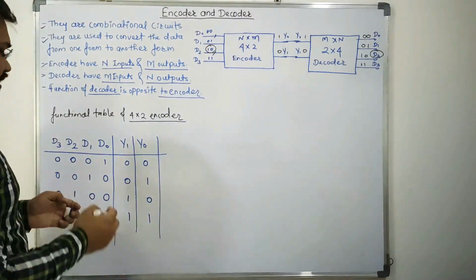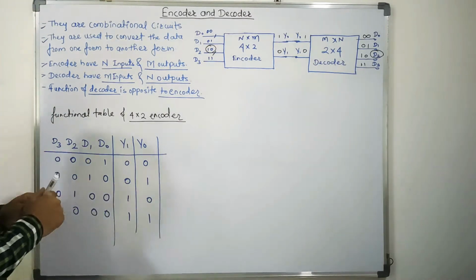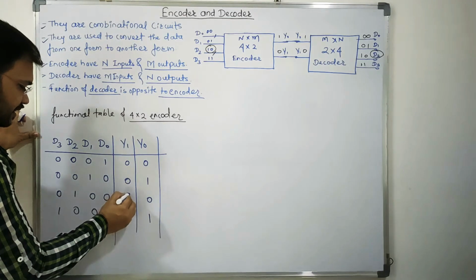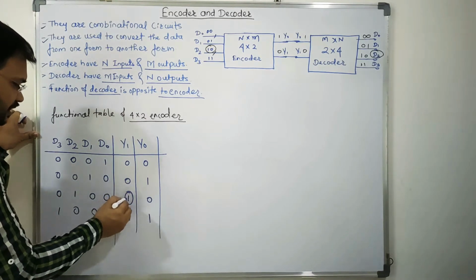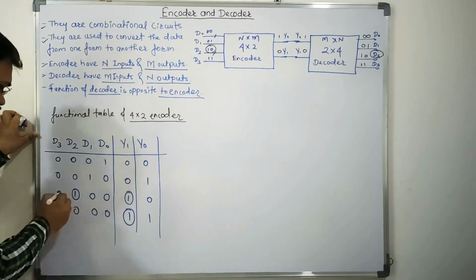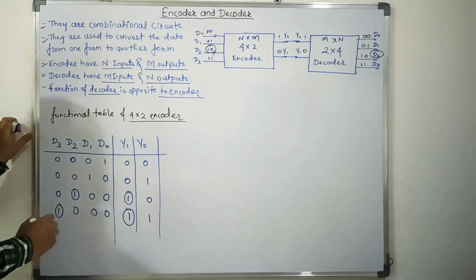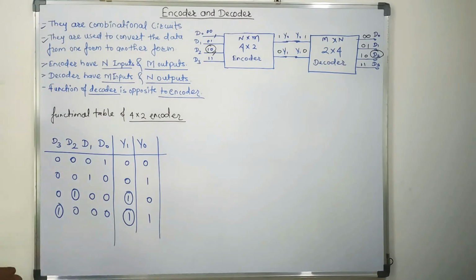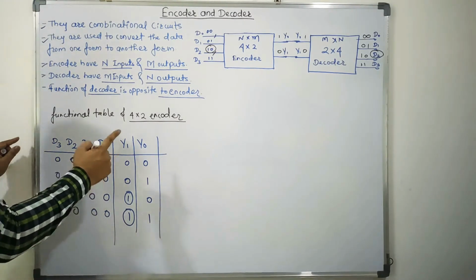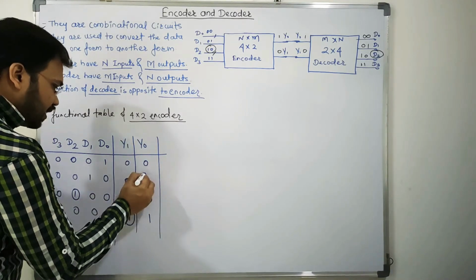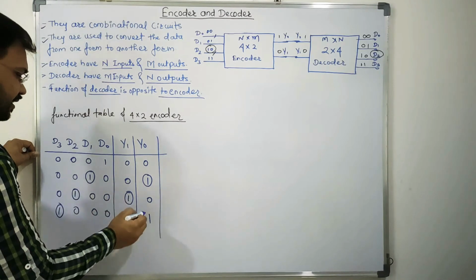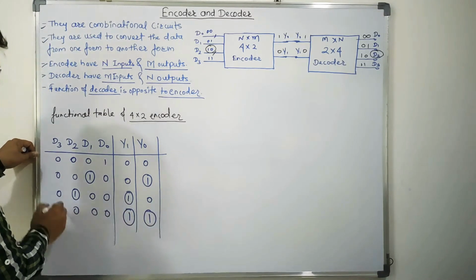By using this, if you talk about the equation: Y1 is 1 for D2 and also for D3. Likewise, Y0 is 1 for D1 and also for D3.